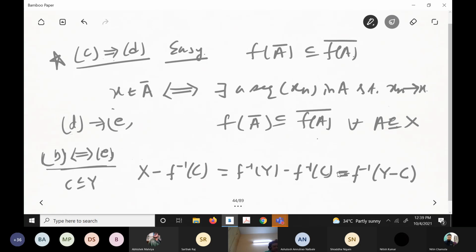Now if you assume C is closed, then you have B and have to prove E. C is closed means Y minus C is open. So by B, f inverse of Y minus C is open, which means f inverse C is closed. So this is true immediately. You just use this and the definition of closed set.